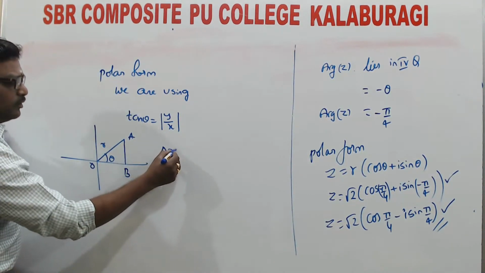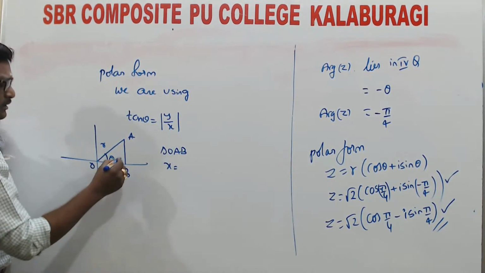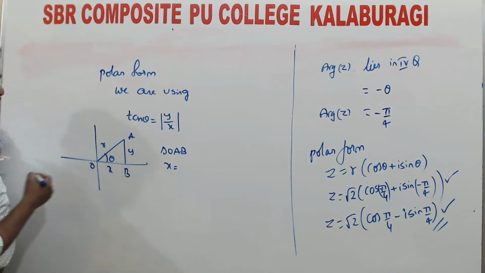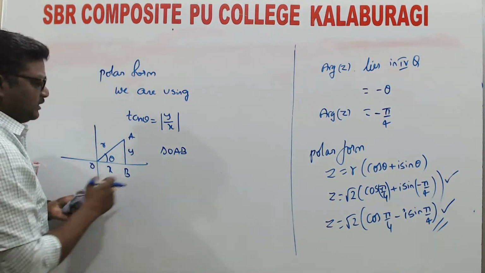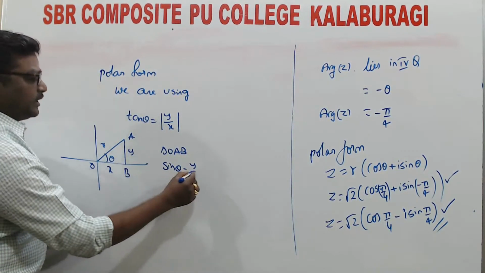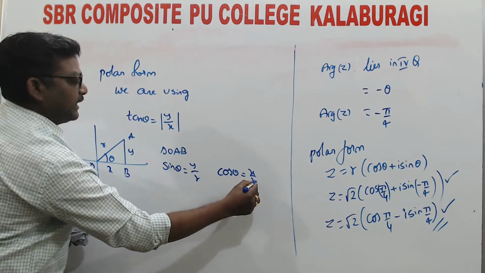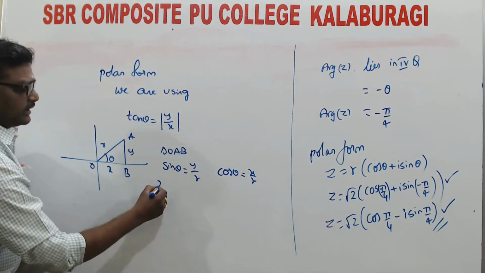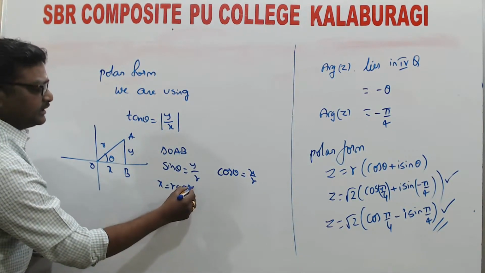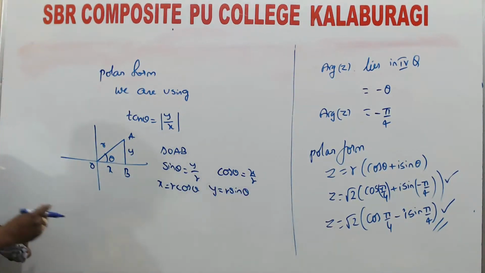From triangle OAB, we have proved this is x, this is y. Therefore, sin theta equals y by r, cos theta equals x by r. Therefore, x equals r cos theta, y equals r sin theta.